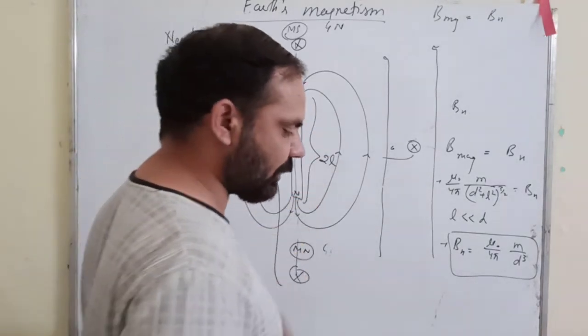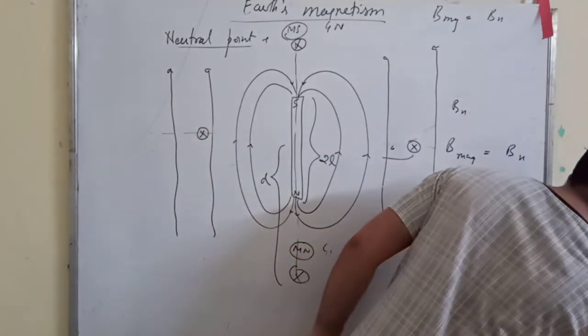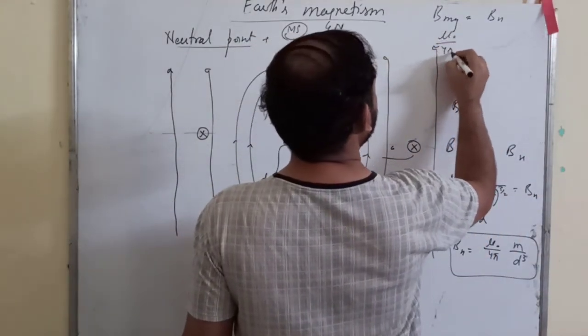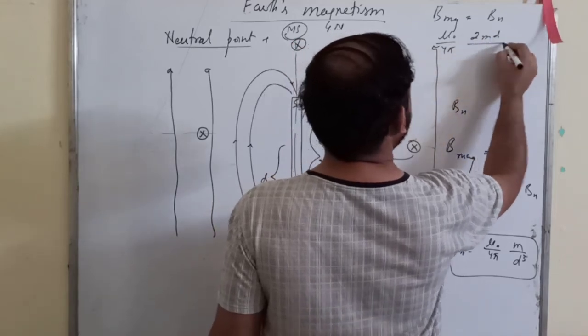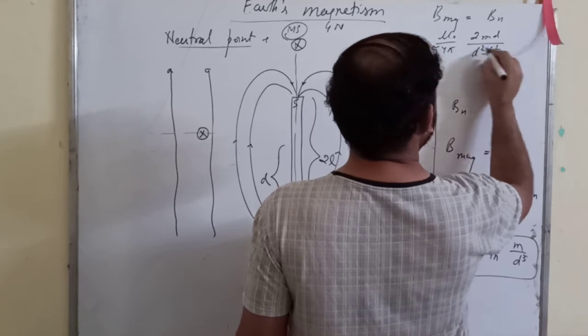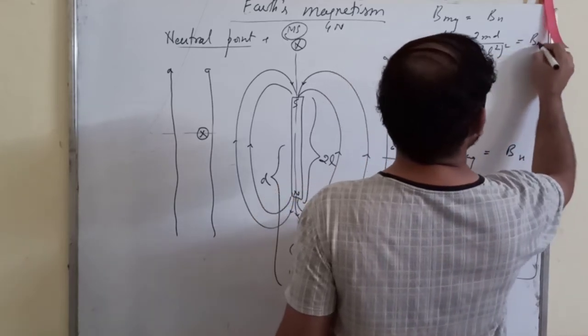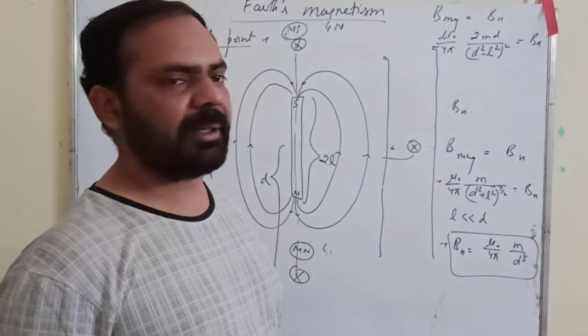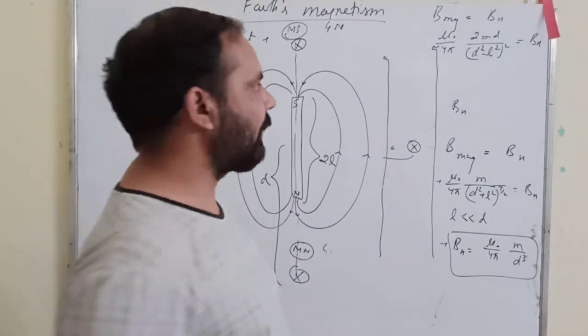That expression is mu naught upon 4 pi, 2md upon (d square minus L square) whole square, equal to BH.